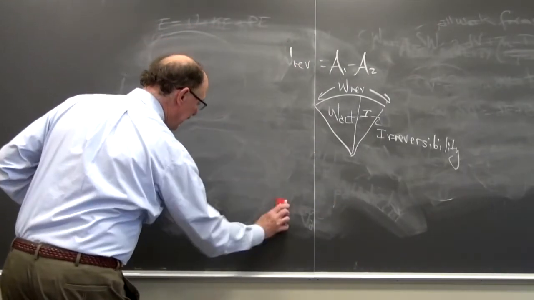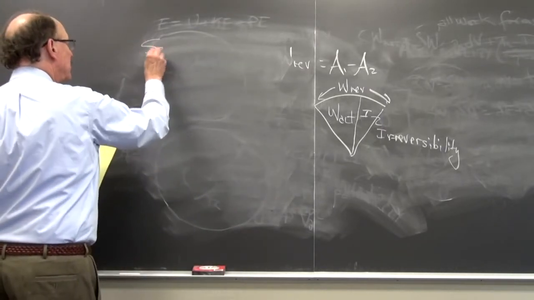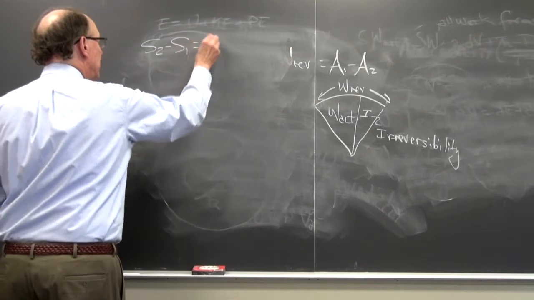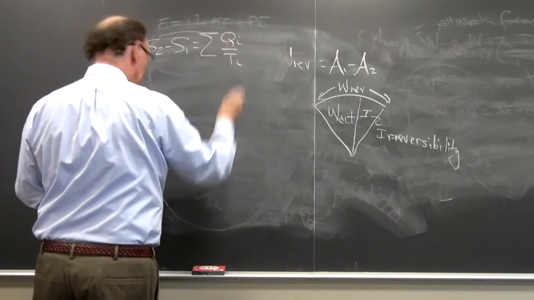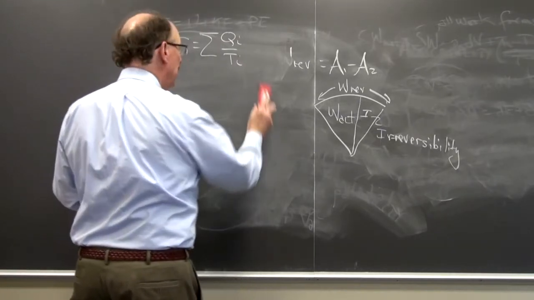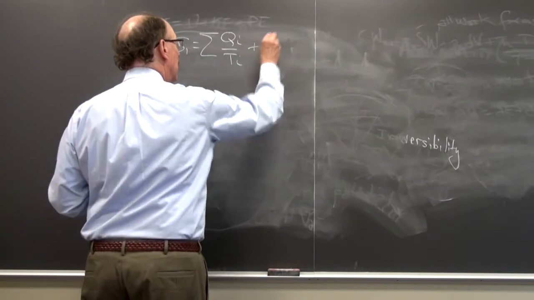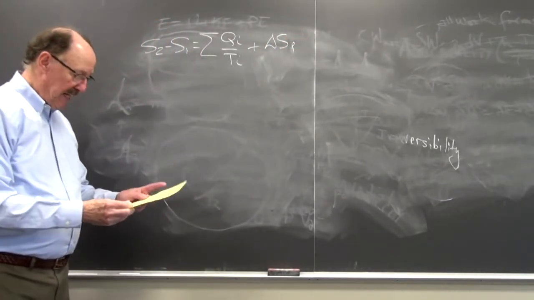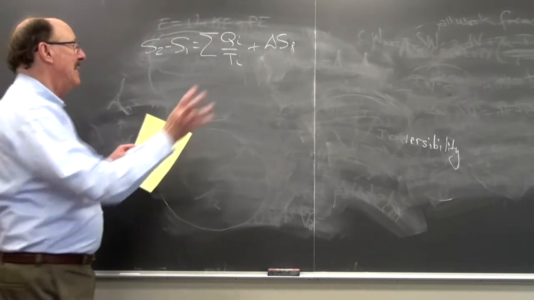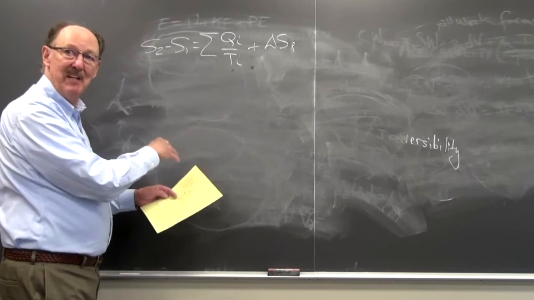So in chapter 8, we had that S2 minus S1 is equal to the sum of the Qi over Ti plus the entropy production. So we had the entropy production term. And now what we do is we take this equation and we put it in the one I just erased for the change of the availability.